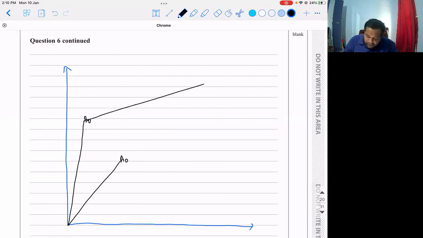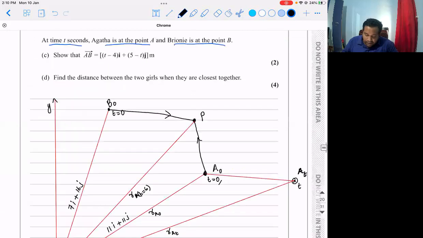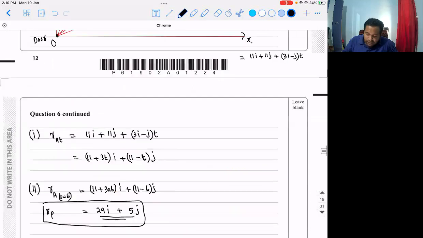Brioni reached somewhere here at time t. Similarly, Agatha reached somewhere here, that is A. So here we need to find, at t seconds, Agatha is at a point A and Brioni is at the point B. Show that vector AB is equal to this.